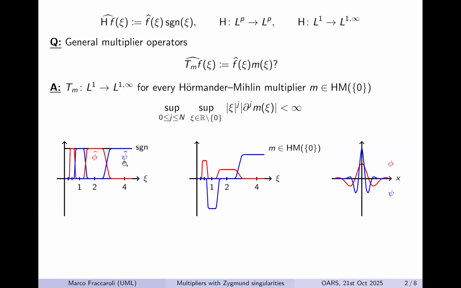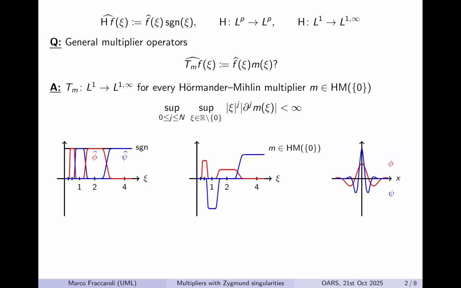For example, the next psi hat is going to be broader in frequency, but narrower in space, in time. These red and blue bumps are cancellative. So in some way, they are atoms of cancellation that interact well with the Calderón-Zygmund decomposition into good and bad part.